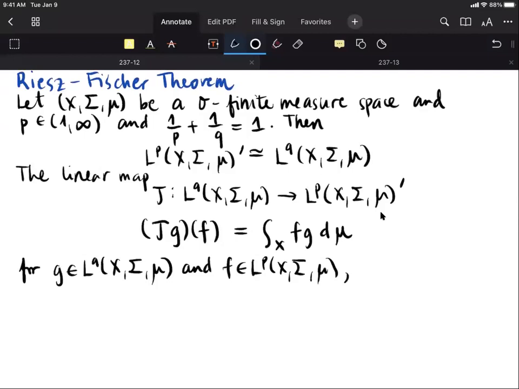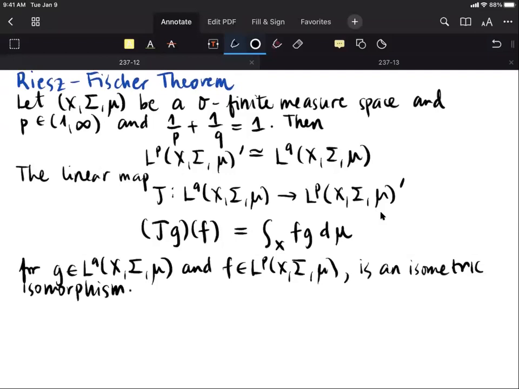From the previous lecture, we know that this indeed provides a bounded linear operator on LP. So this map is well defined, and in fact, it is an isometric isomorphism.